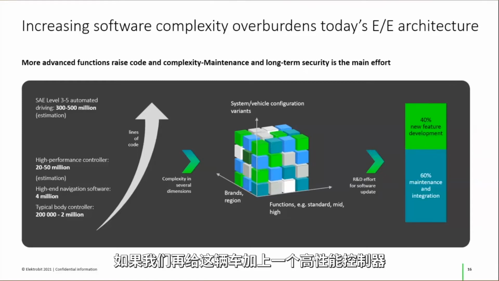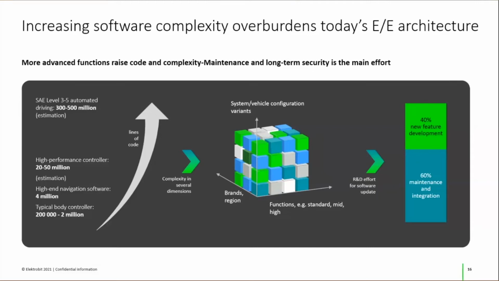If we add another high-performance controller to that very same car, we're suddenly reaching areas where we have 20 to 50 million lines of code in the car. And let's just estimate these numbers and think of fully self-driving cars at self-driving levels 3 to 5.